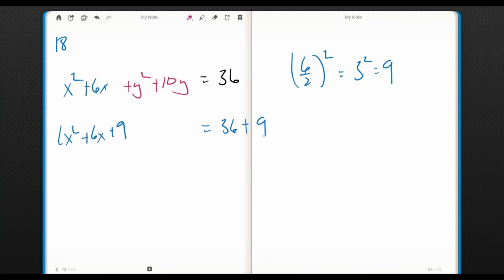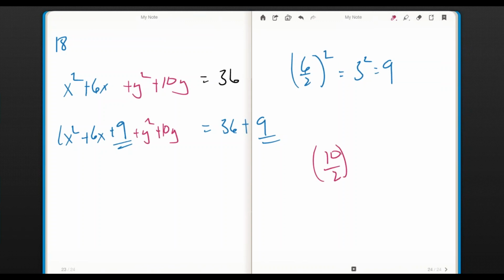Again, I have to add the same thing to both sides, so since I added the 9 on this side, I have to add 9 on this side of the equal sign to keep them balanced. For the y values, 10 divided by 2 is 5, squared is 25. So I'm going to add 25 to both sides.